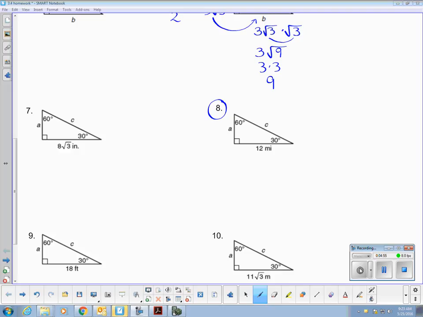In number 8, I'm given the long leg. To get to the short leg, I divide by radical 3. From the short leg to the hypotenuse, I multiply by 2.